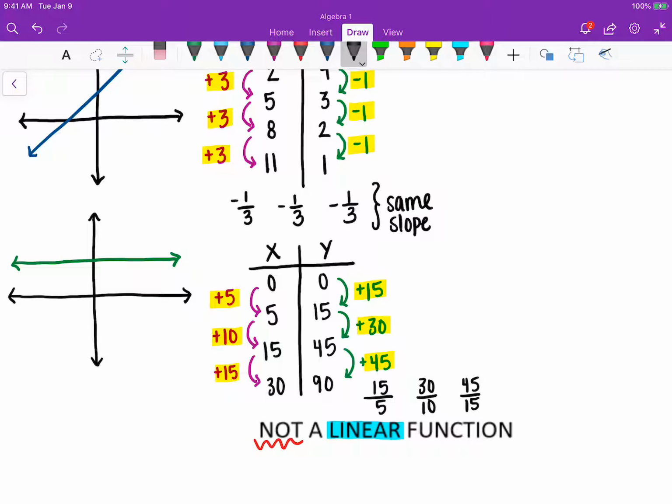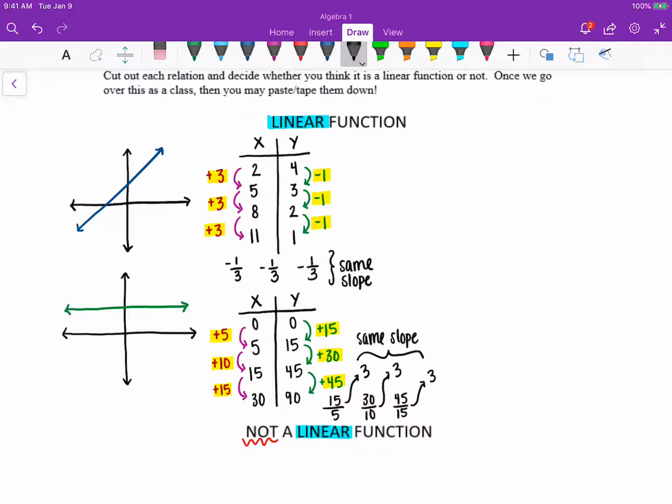And if you actually do 15 divided by 5, that's 3. So is 30 divided by 10, that's 3 as well. And 45 divided by 15 is equal to 3 as well. So even though it's kind of hidden, these all have the same slope, the slope of 3. If your slope is constant, if it equals the same thing, then it's linear.